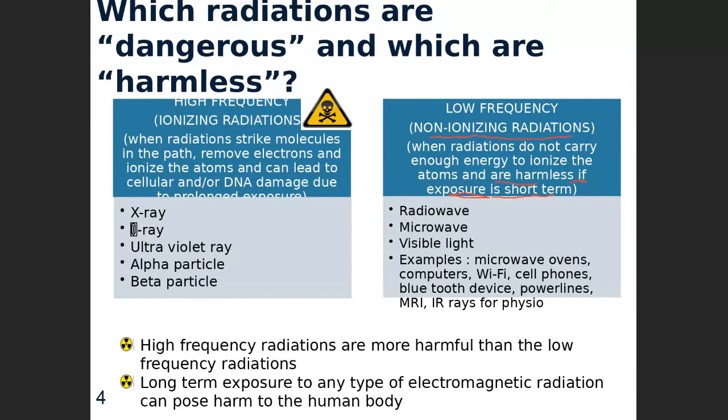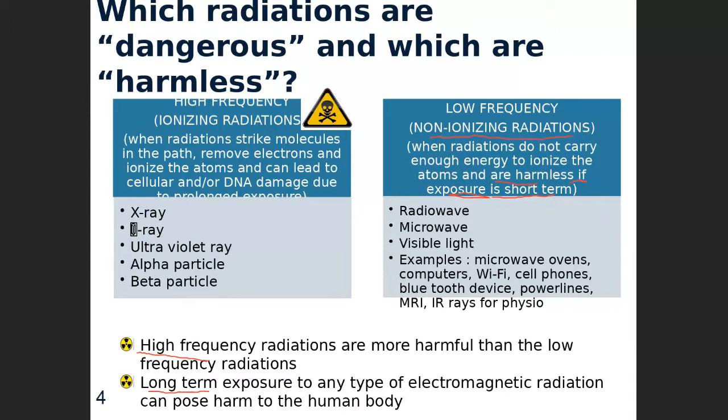While the high frequency or ionizing radiations are harmful, like X-rays, gamma rays, ultraviolet rays, alpha particles, and beta particles. So these are very important points when we compare the low frequency or non-ionizing radiations and the ionizing radiations.